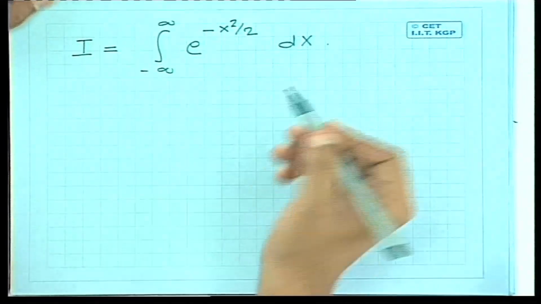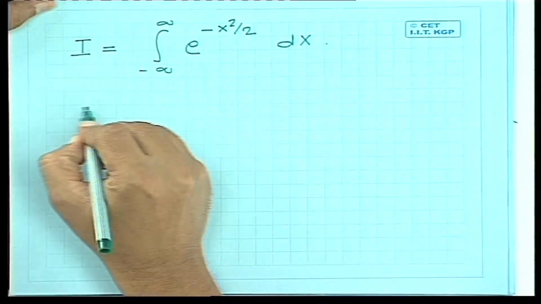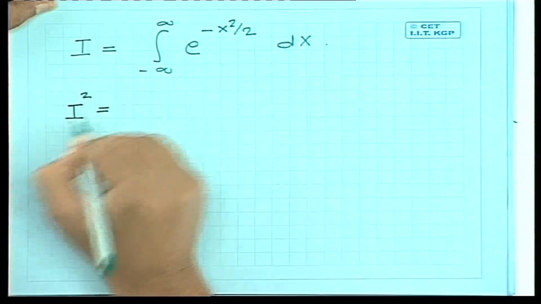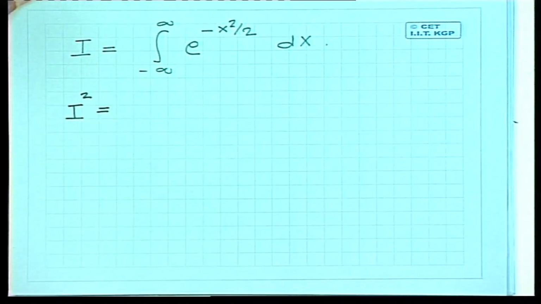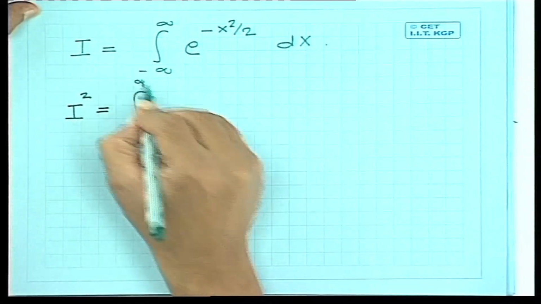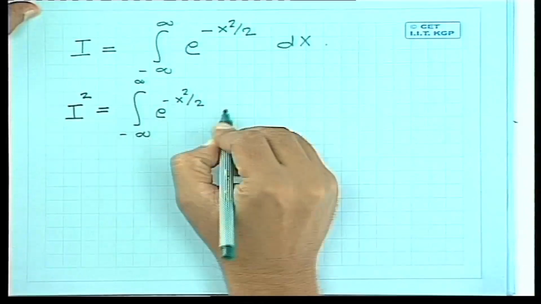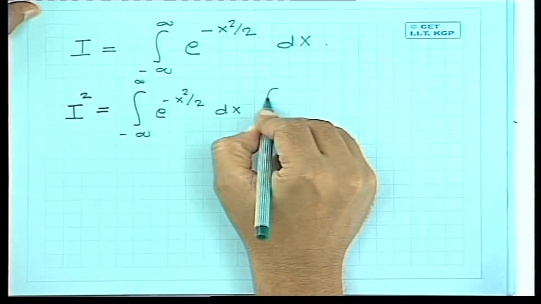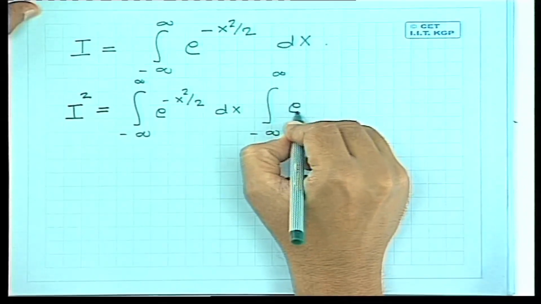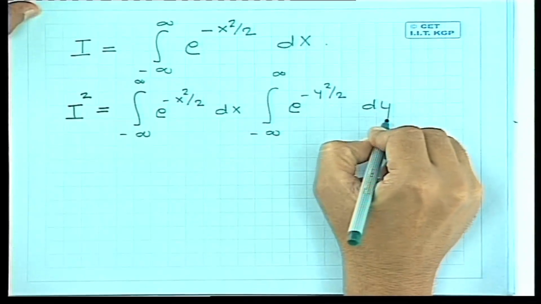Instead of referring to some other place where the value is evaluated, let us do this. It is quite simply done if you look at the square of this integral, which we can write as the integral from minus infinity to infinity of e to the power minus x square by 2 dx, times the integral from minus infinity to infinity of e to the power minus y square by 2 dy.